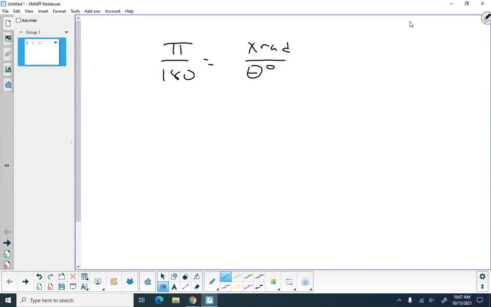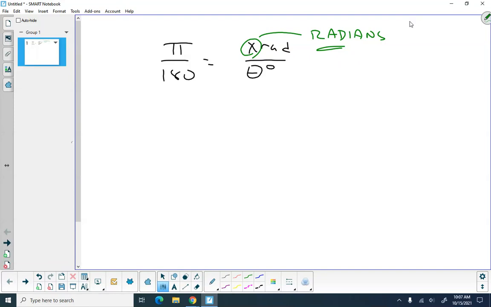Now, when you're dealing with radians, our variable turns into x. When we are in degrees, our variable is still theta. But when you're in radian mode, you can change things into the value of x. Your variable turns into x.